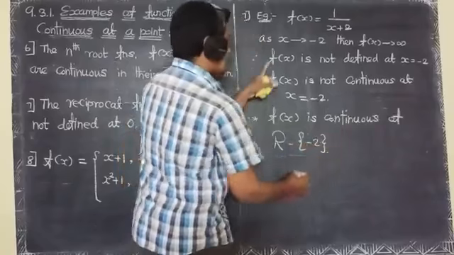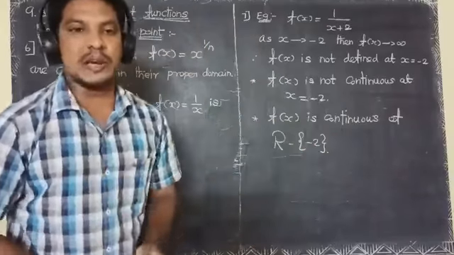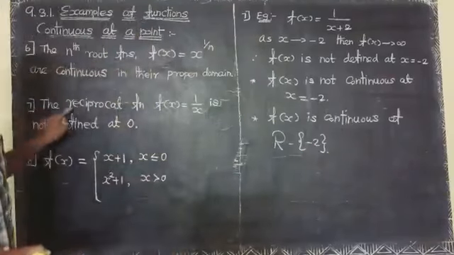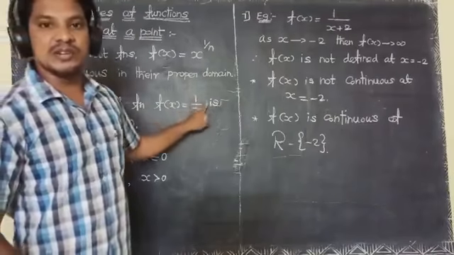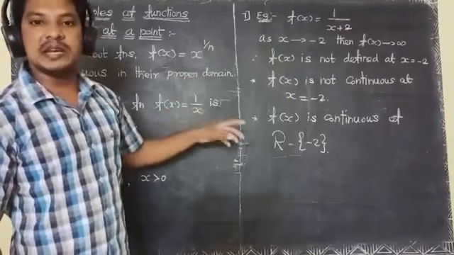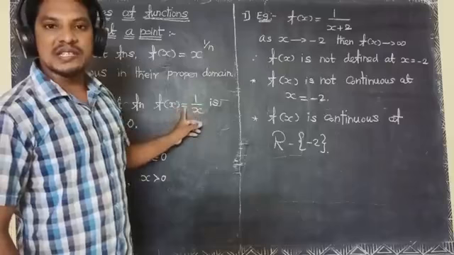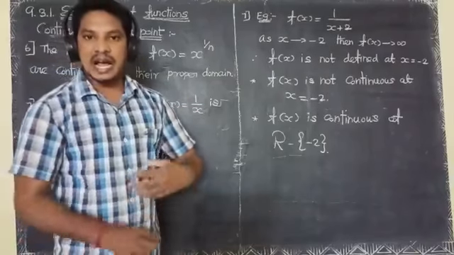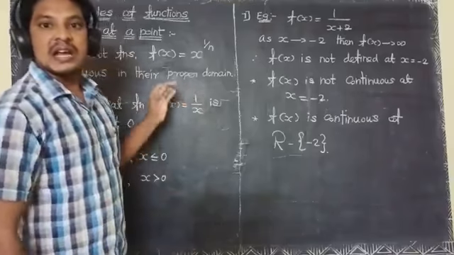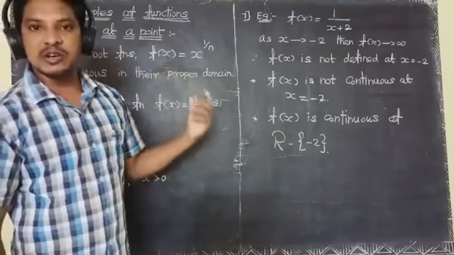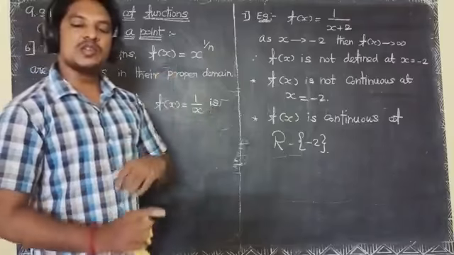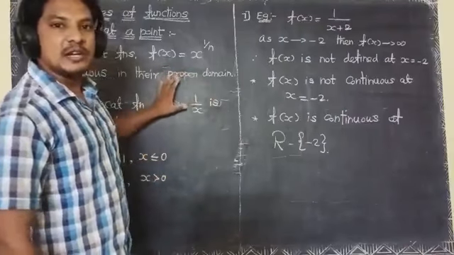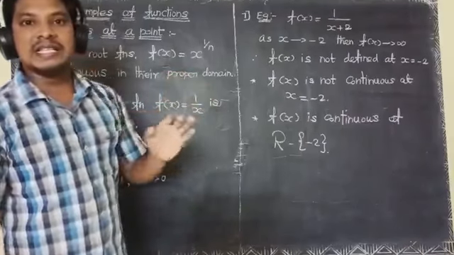All are the same meaning. Similarly, with the same procedure, the reciprocal function f of x equal to 1 divided by x: here replace x equal to 0, the function f of x tends to infinity. Therefore, the given function is not defined. In other words, f of x is not continuous at x equal to 0. We can say in another format, f of x is continuous on capital R except 0.